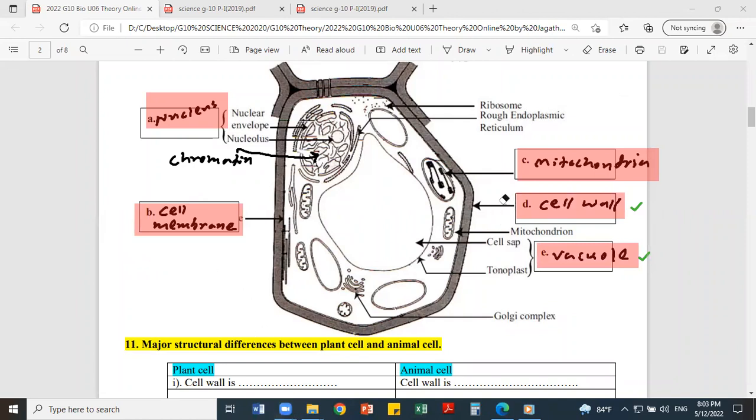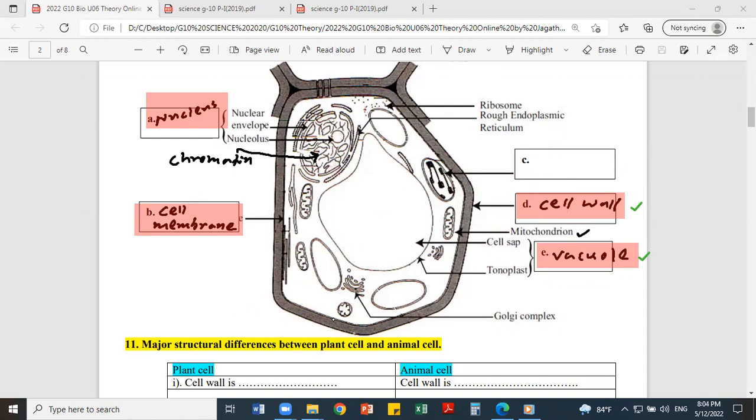There's a small correction here. Mitochondria is already labeled, so this should be chloroplast. Sorry about that. Please make the correction. This C must be chloroplast because mitochondria is already there.